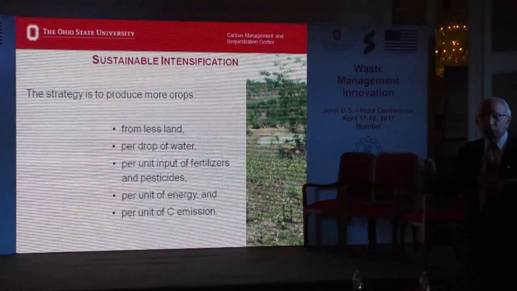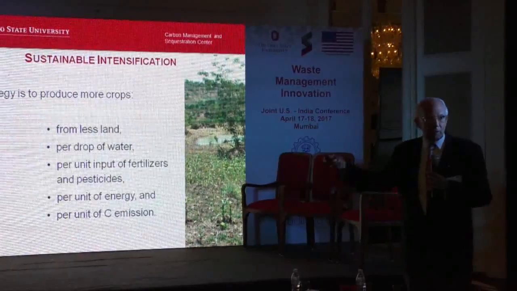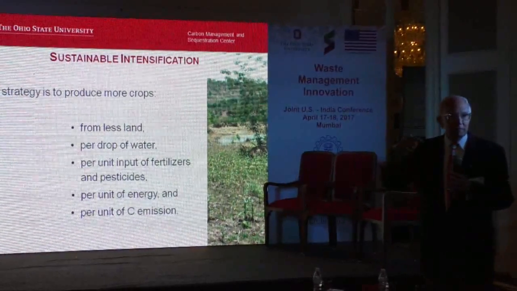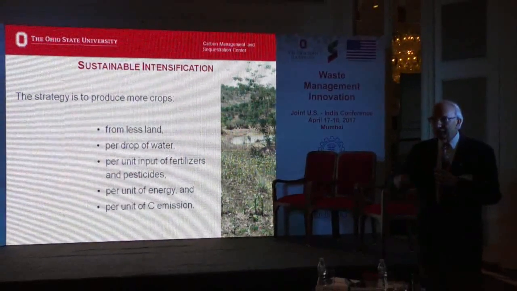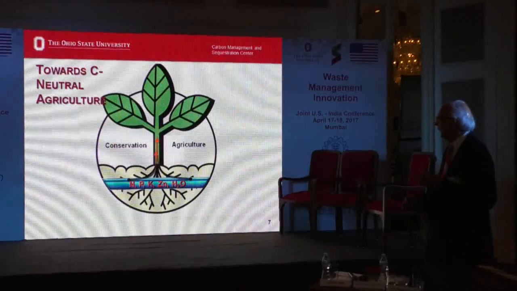Our agricultural ecosystems are not doing that. We are doing extensive farming, not intensive farming. Intensive means produce more and more from less and less by reducing losses and improving the efficiency of input.